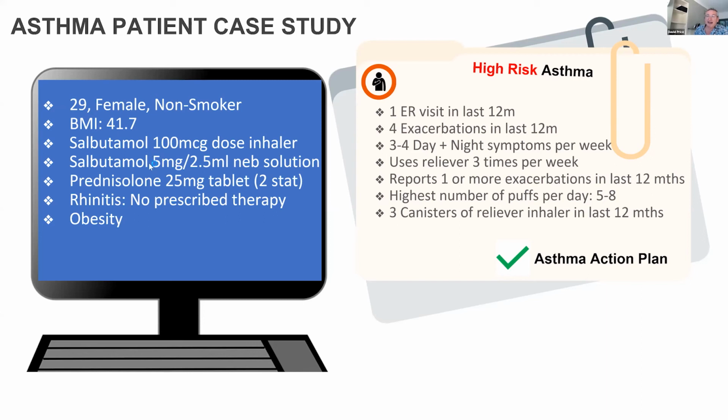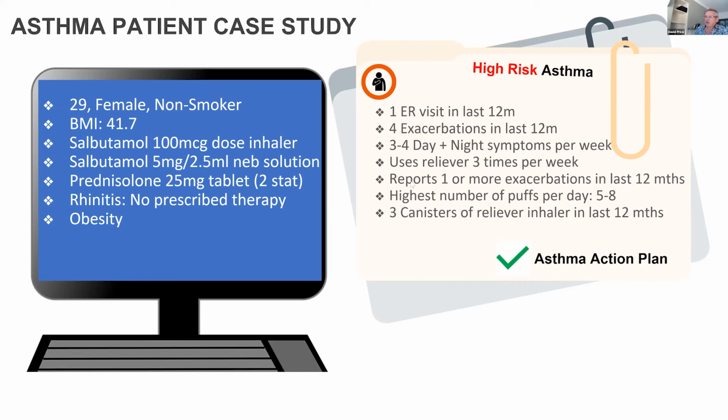Salbutamol as needed and nebulized as needed, and prednisolone courses as needed. Rhinitis, obviously obesity. 1 ER visit in the last 12 months, emergency room. 4 exacerbations, going all over the place to get her prednisolone. Lots of symptoms. 5 to 8 puffs of salbutamol per day.